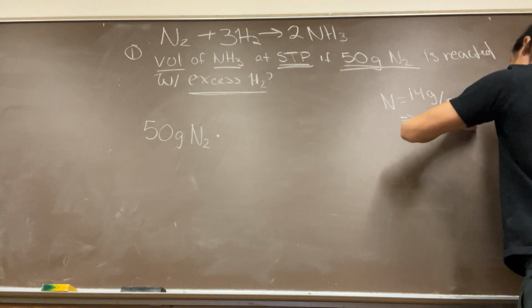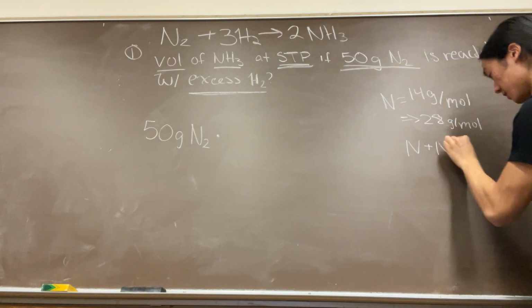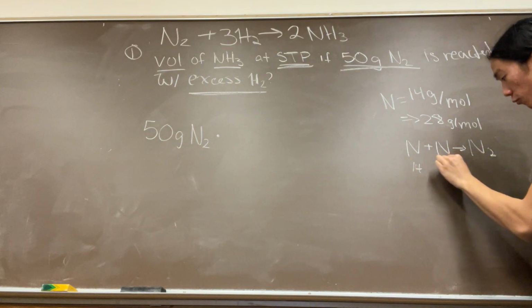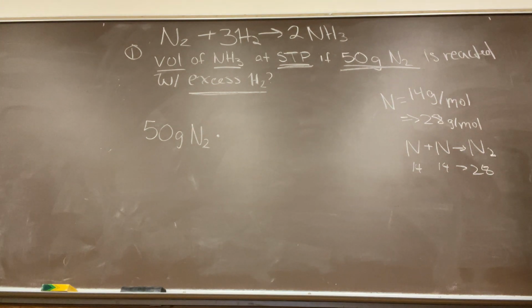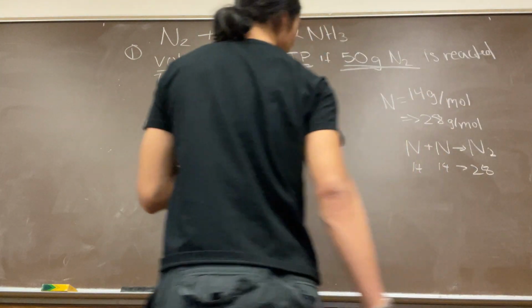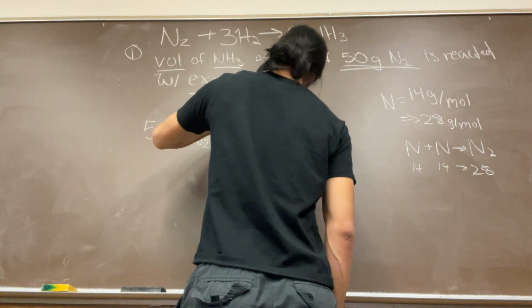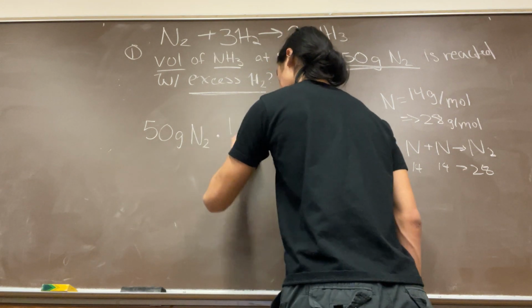We just add each weight, 14 plus 14, 28. So now I have 28 grams of nitrogen gas per mole, which means that 1 mole of N2 gas is equal to 28 grams.